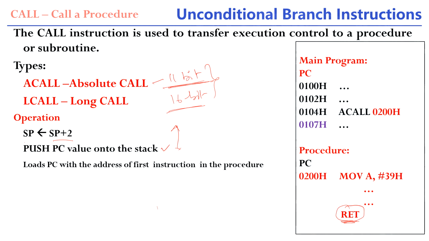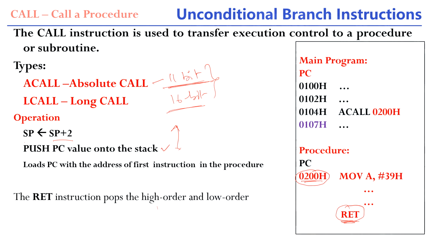It loads PC with the address of the first instruction in the procedure. What is the address of the first instruction here? This is the address of the first instruction within the procedure.